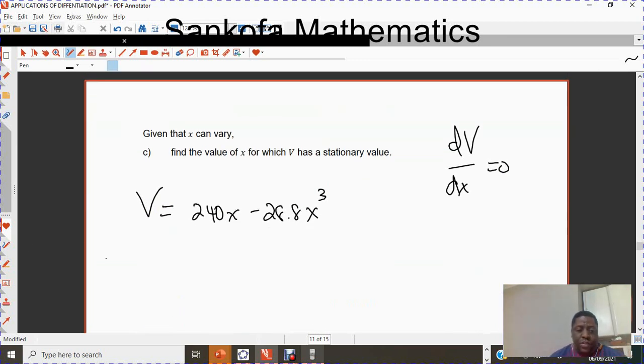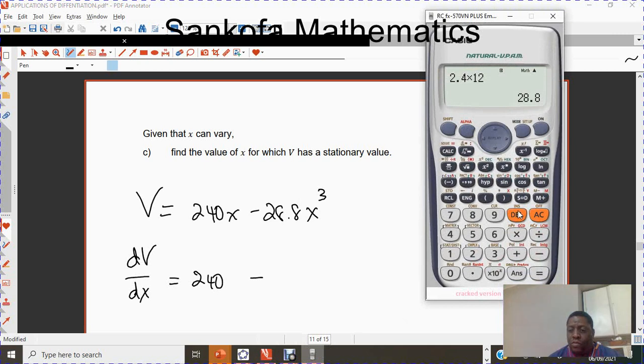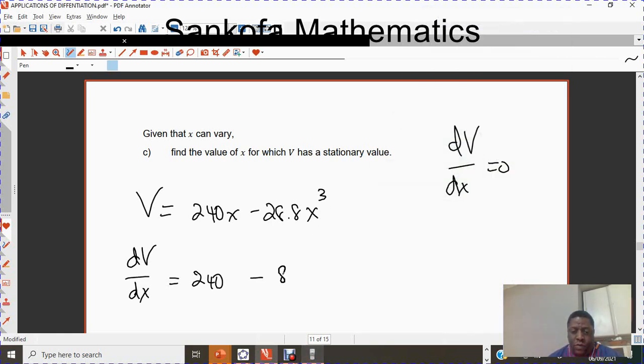So we can differentiate this. dV/dx is equal to 240 minus, so you take your calculator out, 28.8 multiplied by 3 gives you 86.4, so it's 86.4x squared. Obviously that should equal 0.